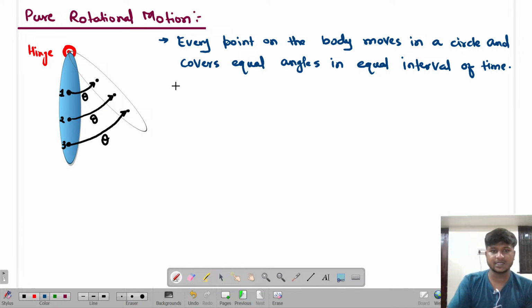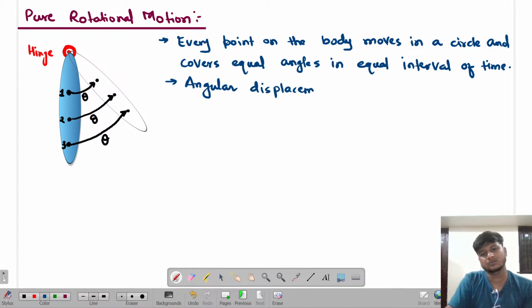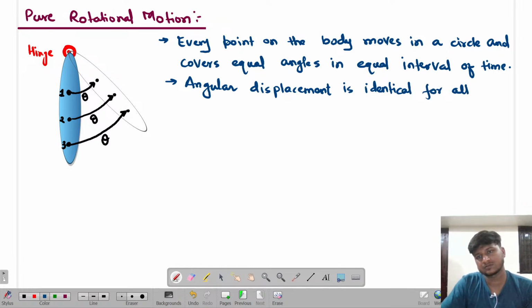Okay, so we can say that the angular displacement is identical for all points. Are you able to get me or not?